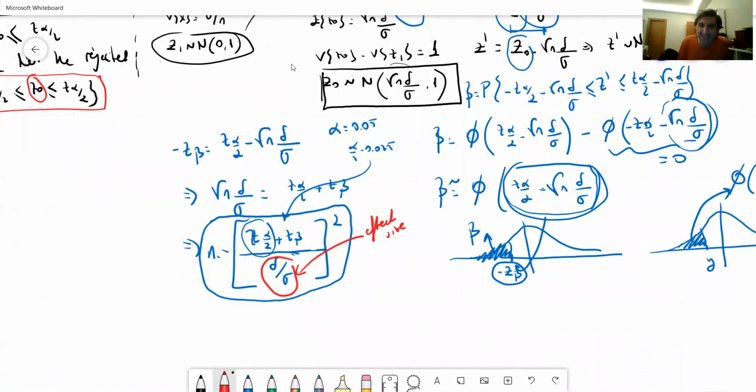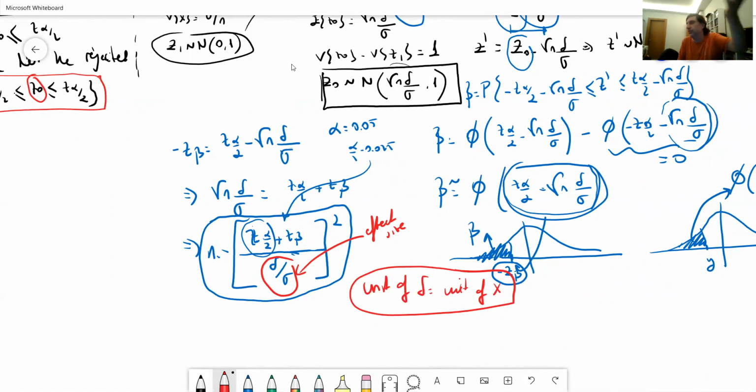But what is the meaning when we divide it by standard deviation? Note that this term is going to depend on the unit of x. So the unit of delta is going to be equal to the unit of x. Whatever I am measuring, if I'm measuring meters, then it's going to be meters, or kilograms or whatever.